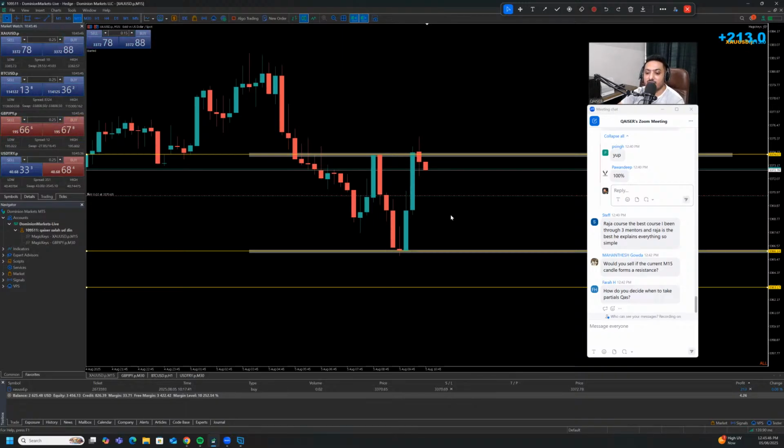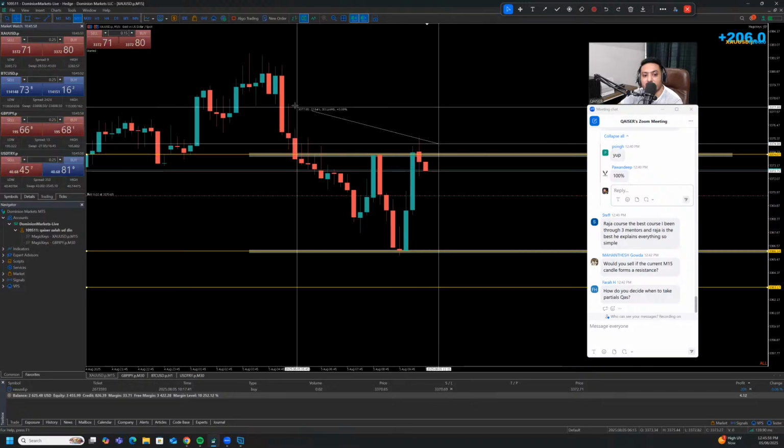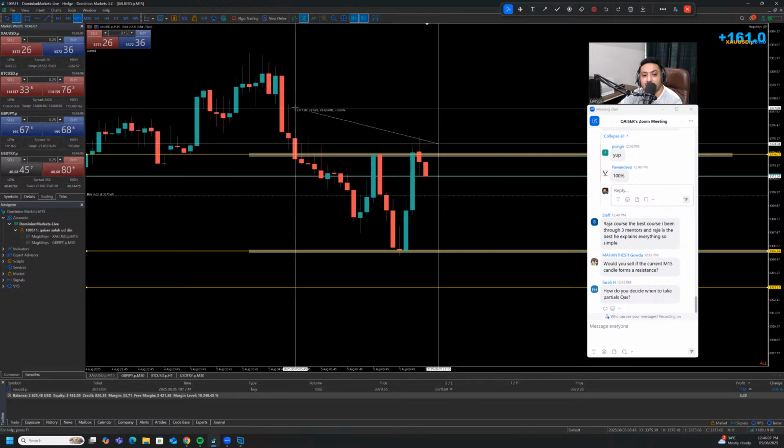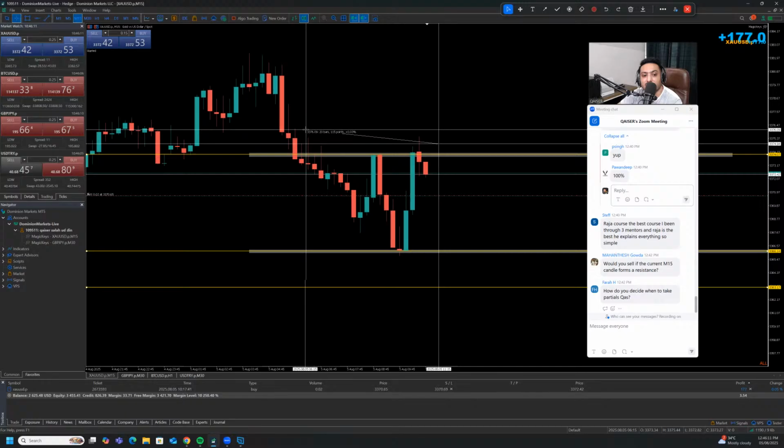How do you decide when to take partial cash? It depends on the condition I'm facing there. Suppose I'm executing somewhere here and there is a wick on the left hand side, a strong rejection that makes me scared it might get rejected from this area and then continue pushing downside.